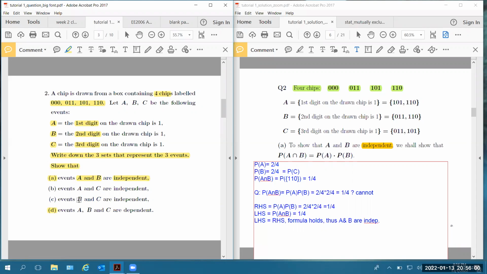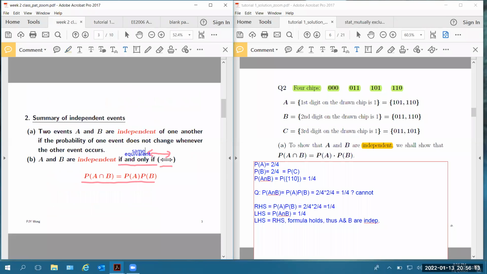You want to show that events A, B, C are dependent. Just now you wanted to show independent; now you want to show dependent. So how to show dependent? It's actually the same. Independent means this formula holds.